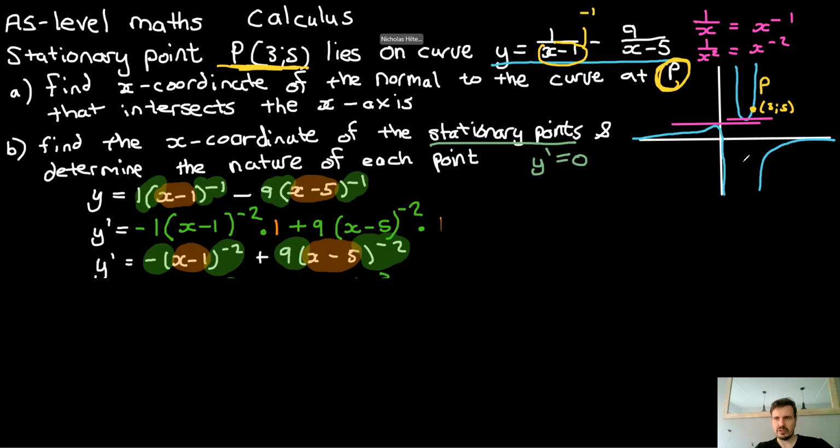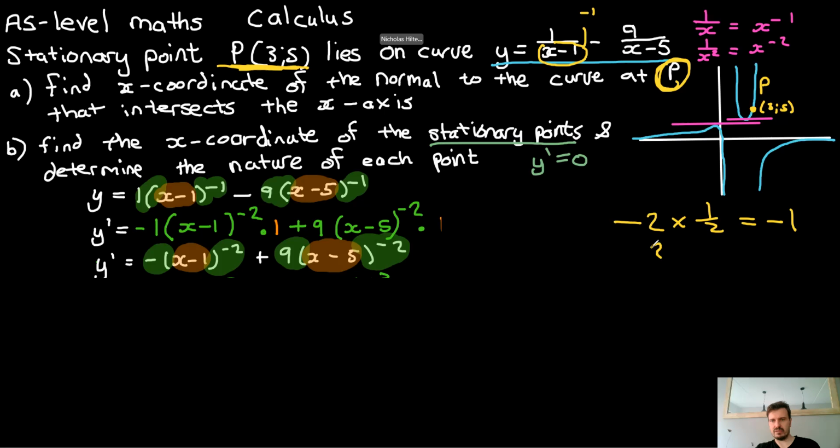So what we do is we find the gradient of the tangent, and we know that when perpendicular lines are multiplied together, you get -1. -2 times 1/2 will equal -1. So if you have a line which has a gradient of -2, the perpendicular line is going to have a gradient of 1/2.